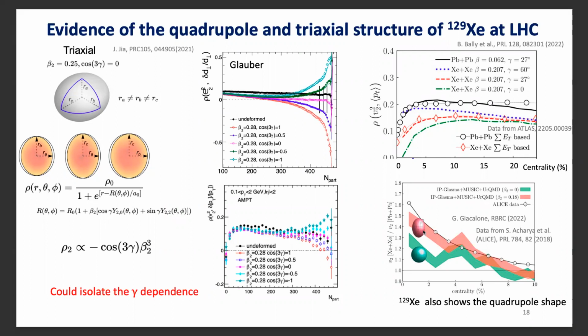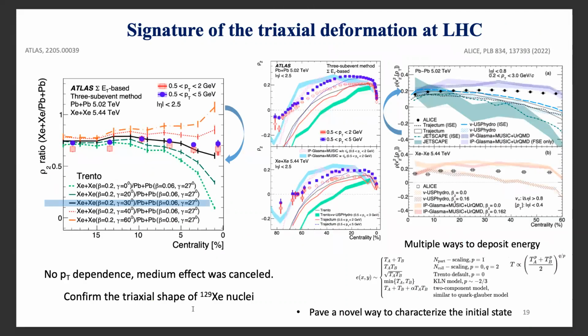They confirm the xenon is in a triaxial shape. And the ratio in different centrality ranges in ALICE data is robust, and they compare different gamma value inputs, and they can roughly constrain the xenon shape at LHC energies.